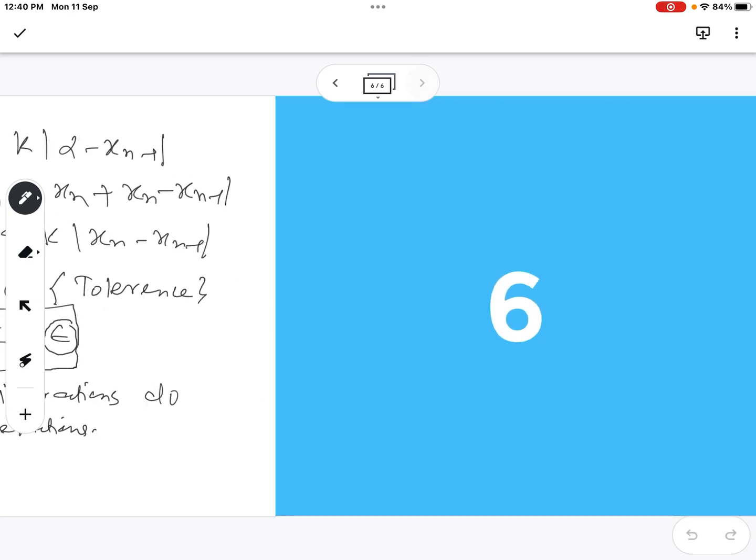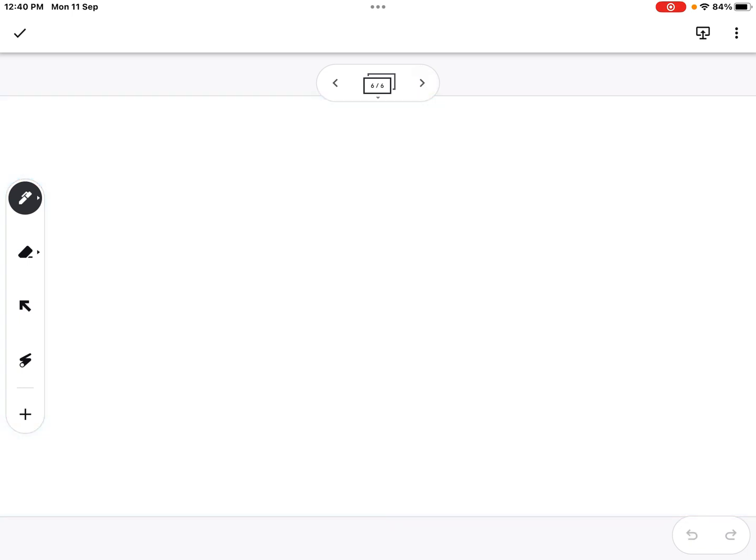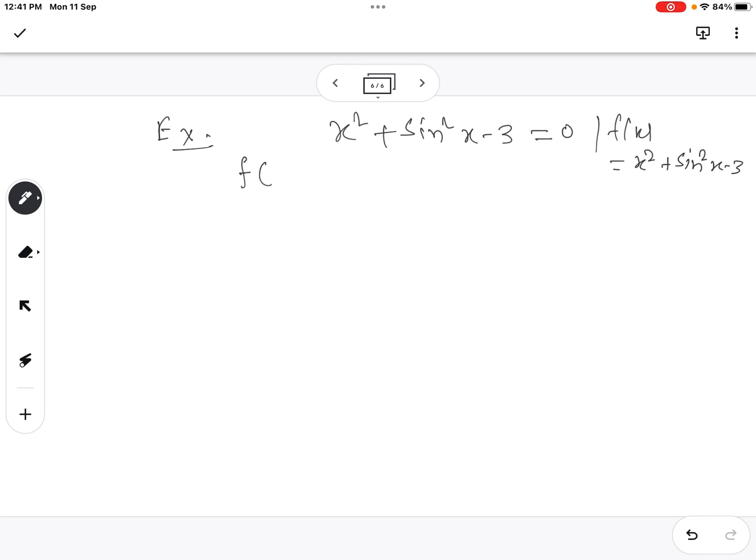Now let us understand the whole method with one example. The example is x square plus sine square x minus 3 is equal to 0. We want to find the root. So first of all, we need to find the interval in which the root lies. The easiest way is to take this function, x square plus sine square x minus 3, and find its value at x equal to 1.